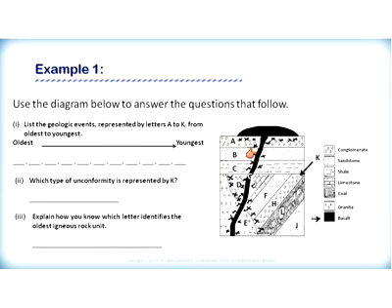So to go back to our question, list the geologic events represented by letters A to K, from oldest to youngest. So when we look at our diagram, we need to look at the oldest events. Generally speaking, if an intrusion cuts across other rock units, then the intrusion, in this case E, would have to be younger than all the layers it cuts across.